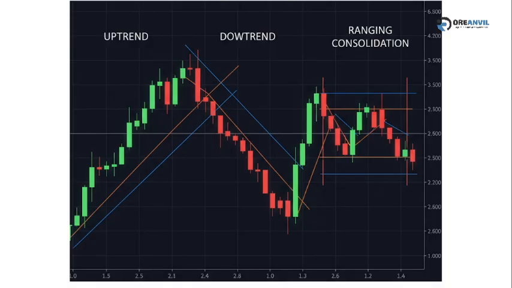It's bouncing between a top and bottom level. Look at how choppy it is in this area. It's not going in any particular direction. So in summary, we can say up is uptrend, down is downtrend, and sideways is ranging.